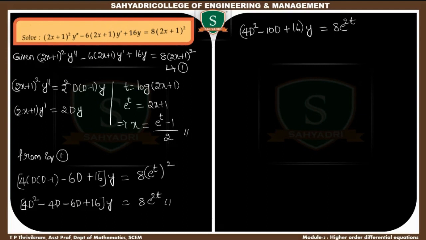Sorry, here it is not D, it is 2D, right? 6 into 2D. So you'll get 12D here, and 16 here. Correct, because this value is 2D, so 6 into 2D.